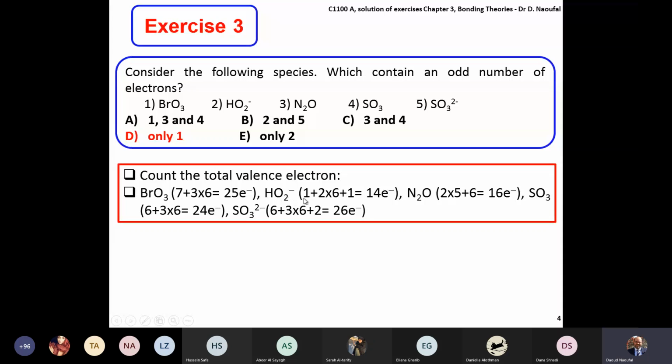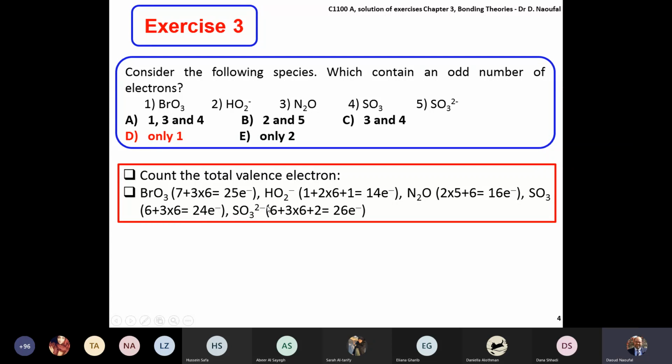HO2 minus: 1 plus 2 times 6 for oxygen, and we add 1 for the negative charge, so we obtain 14 electrons. For N2O, 2 times 5 plus 6 equals 16 electrons. SO3, the valence electrons of sulfur are 6 plus 3 times 6 for oxygens, so we obtain 24.